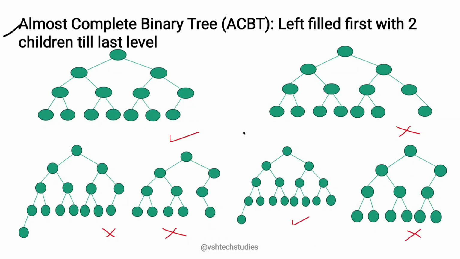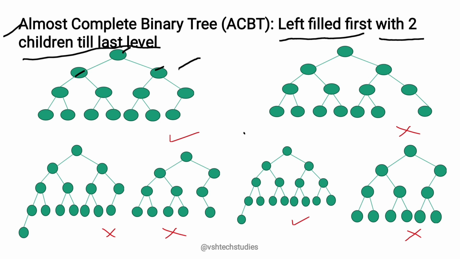Next, we shall discuss almost complete binary tree. So here left is filled first, then with 2 children till the last level. Here this node is having 2 children, left, right.